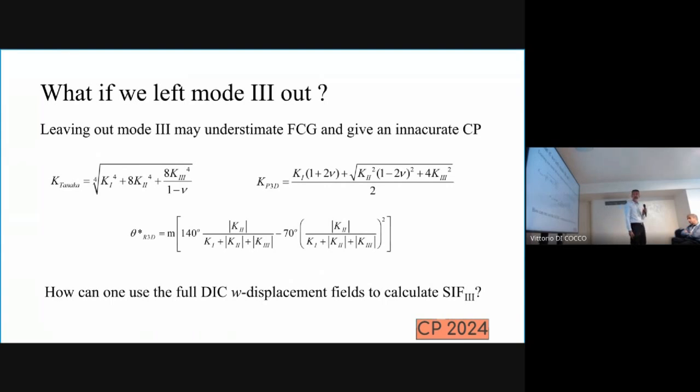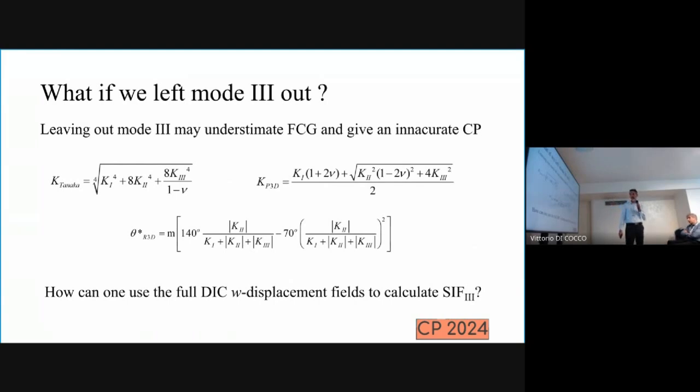In both cases, the relation is linear, right? Here you have the square of K3 squared divided by 2, which will give you a linear relation. The same here with Tanaka, which is slightly different because it includes the Poisson ratio. So it will give you a lower intensity factor.